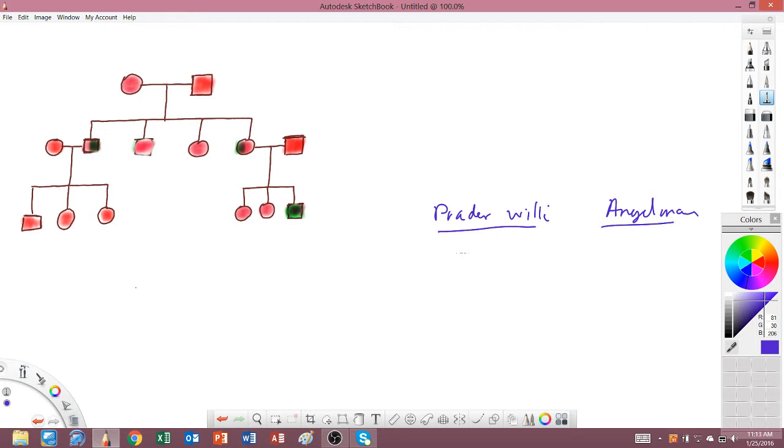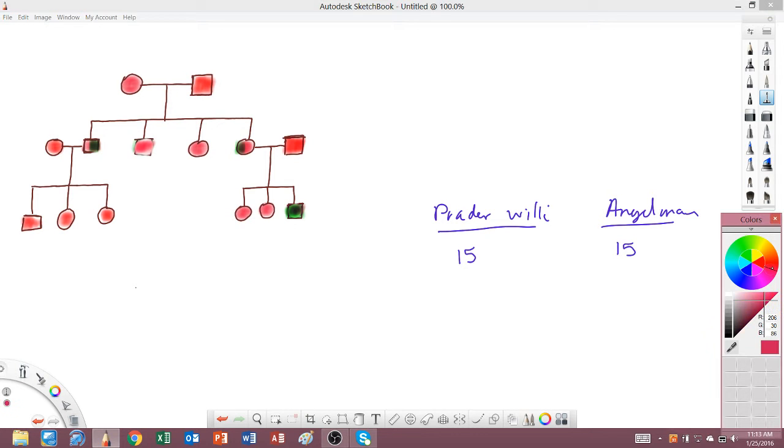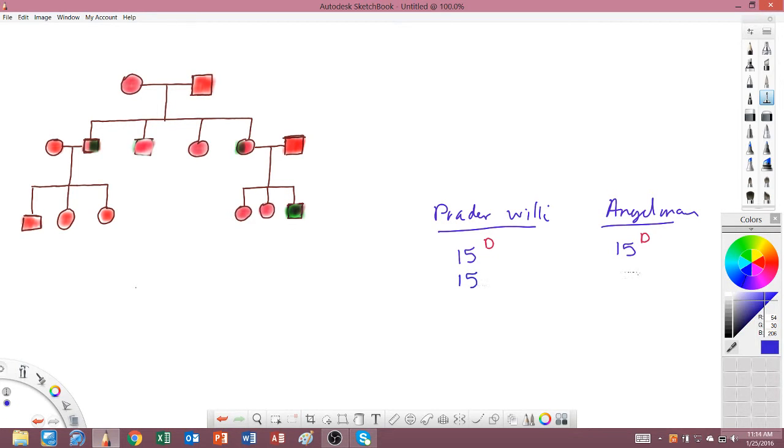Now, depending on who has the deletion, both of them are chromosome number 15. If the dad has a chromosome 15 deletion, or mom has a chromosome 15 deletion. One chromosome, not both. Each of them should have what? 2 copies of chromosome 15, correct?